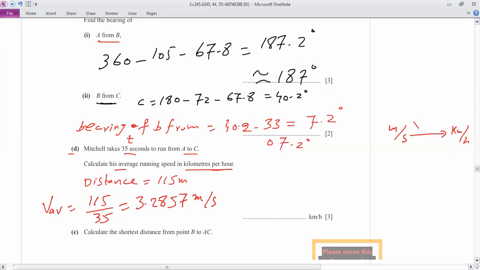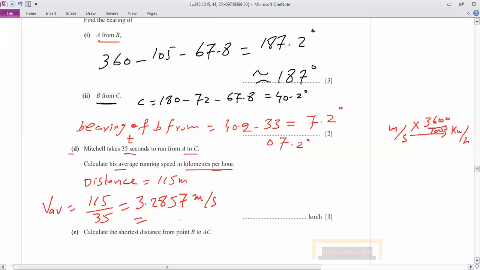We need to multiply by 3600 divided by 1000, or just 36/10. So whatever you got, multiply it by 3.6 directly.